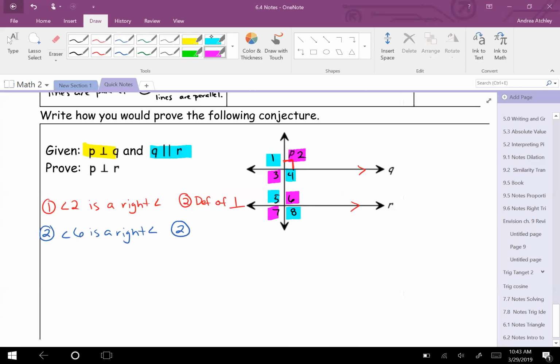Remember, it could be alternate interior, alternate exterior, corresponding, or same side interior angles. In this case, 2 and 6 are corresponding angles, and corresponding angles are congruent in parallel lines.